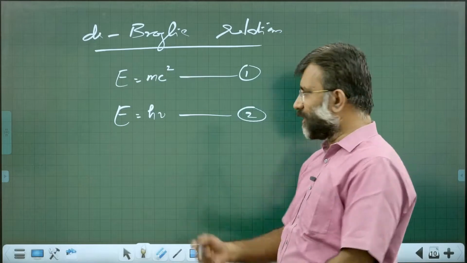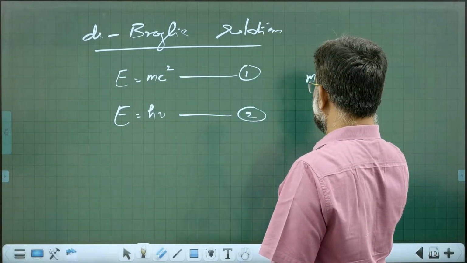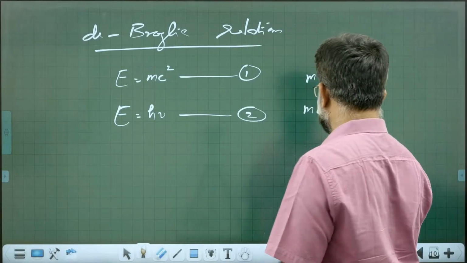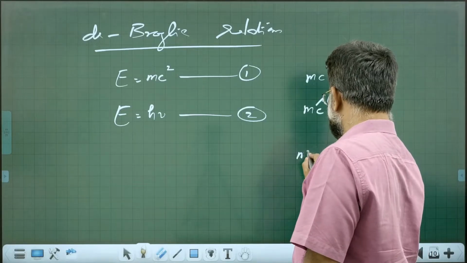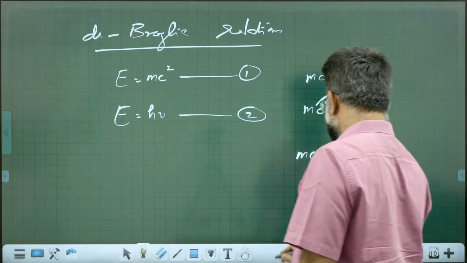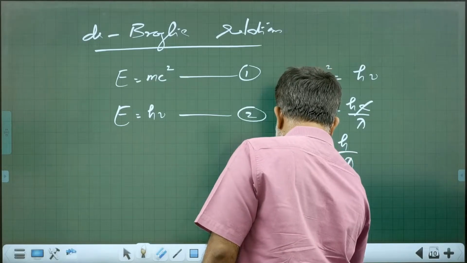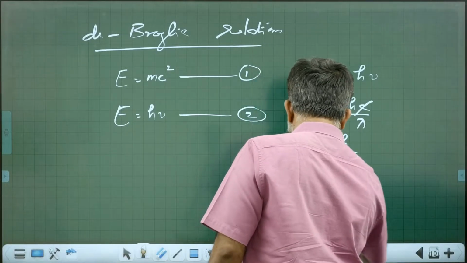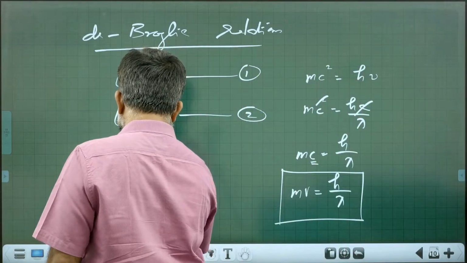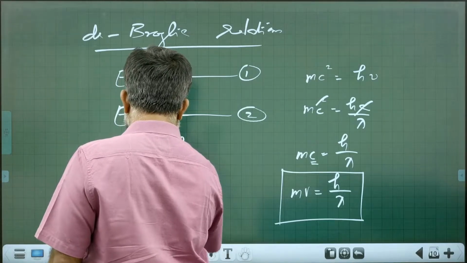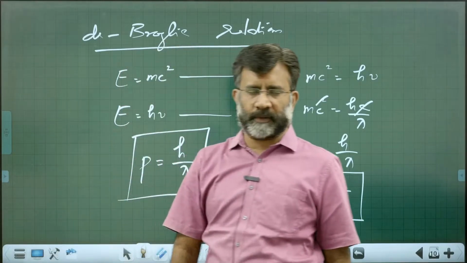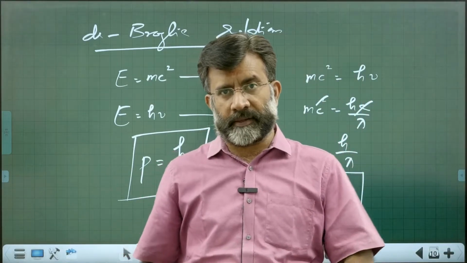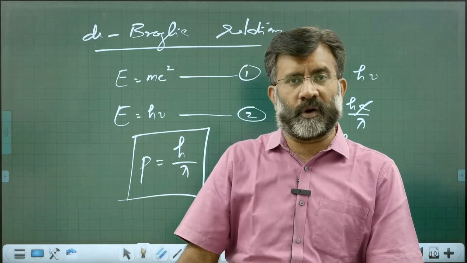Equating the two, we get mc square equal to h nu, that is mc square is equal to hc by lambda, one c getting cancelled, you get mc is equal to h by lambda. c is the velocity of light, we are replacing it with the velocity of particles, mv is equal to h by lambda, or mv means momentum p is equal to h by lambda. This is the de Broglie relation, explaining wave particle duality of matter, which is very important for microscopic objects.